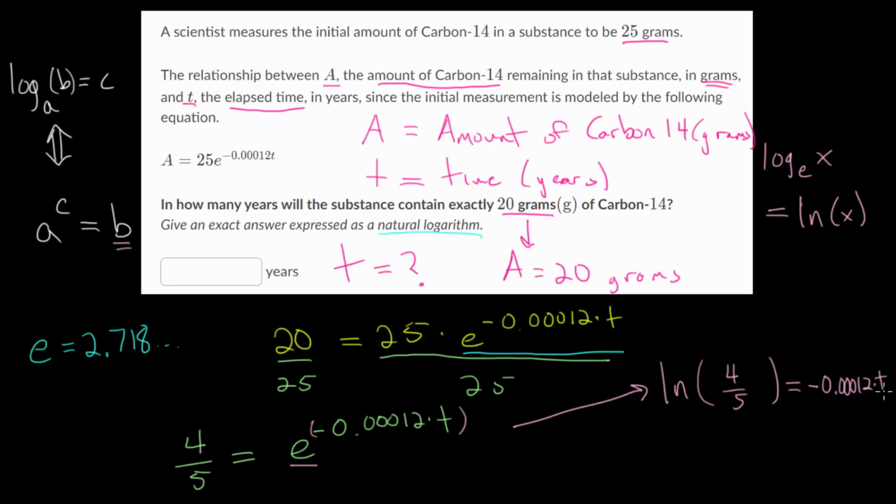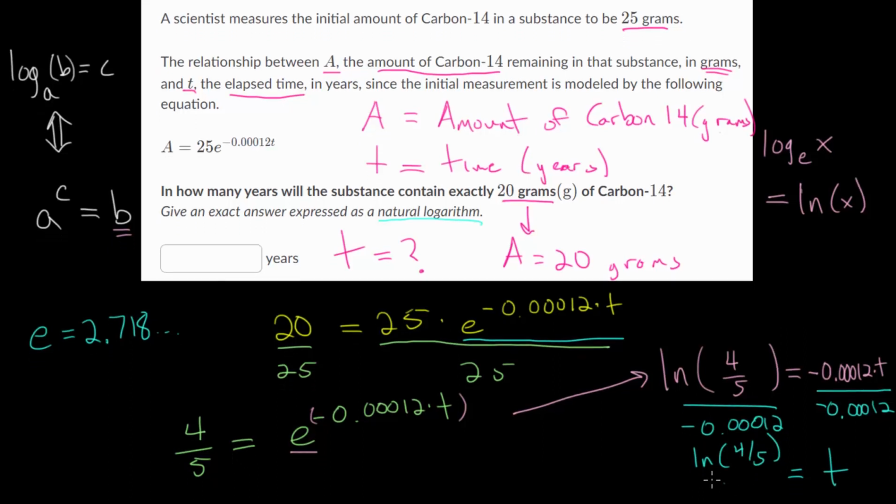Now we have an equation where we can actually solve for t, since it's no longer in the exponent. To do that, we just need to divide each side by the coefficient on t, which is minus 0.00012. On the right-hand side, they cancel out and we just get t. On the left-hand side, this is now equal to the natural log of 4/5 divided by minus 0.00012.